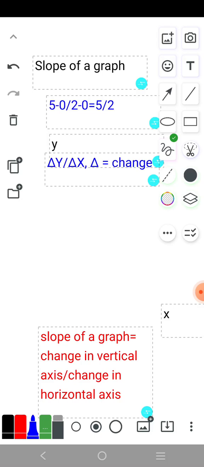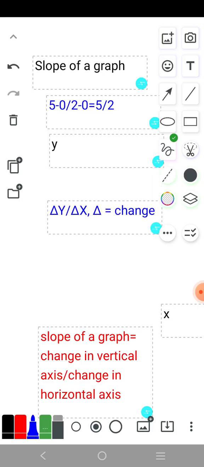Okay, that's fine. Now all of you will agree with me. We have understood that slope can be determined by the formula change in vertical axis divided by change in horizontal axis. There is another method of determining the slope.